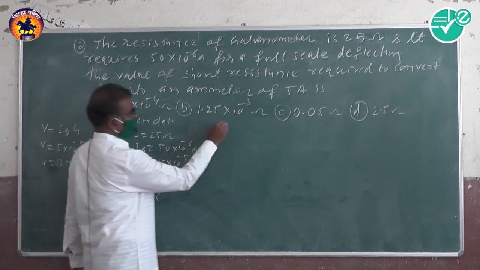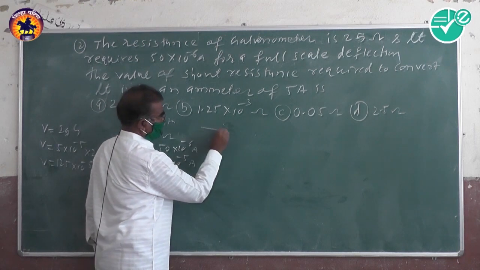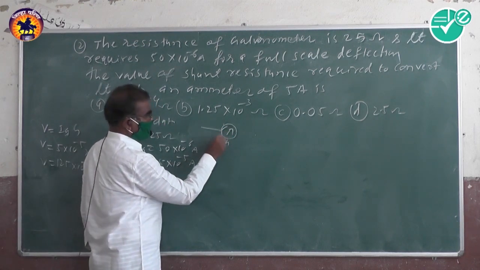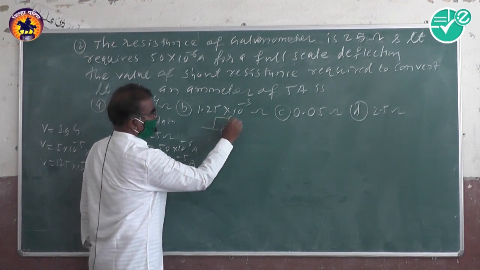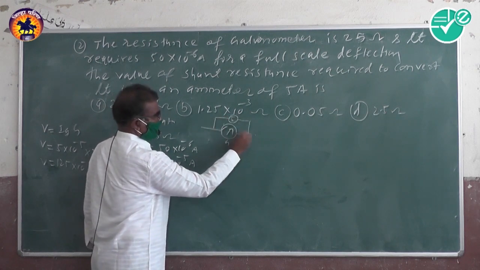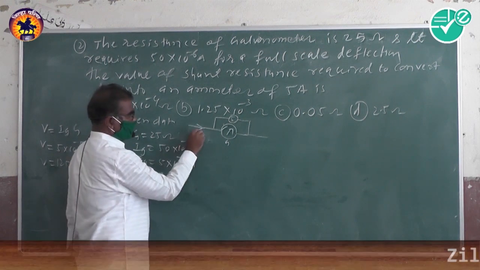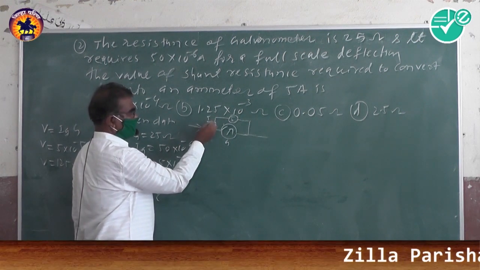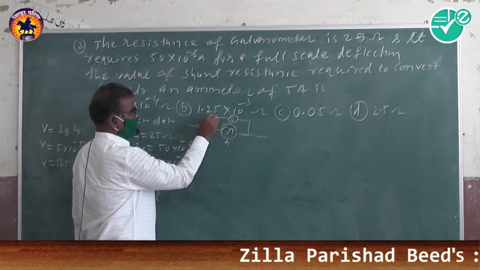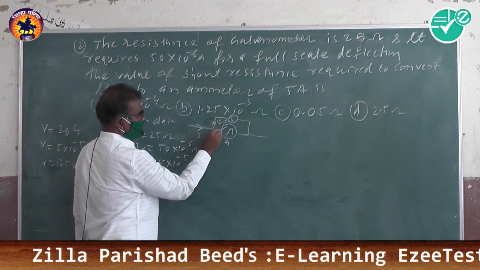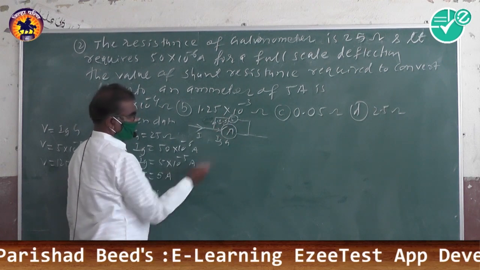The ammeter is the parallel combination of galvanometer and a small resistance, that is called the shunt. Out of the total current I, part of the current flows through the shunt resistance, that is I minus Ig, and Ig flows through the galvanometer.